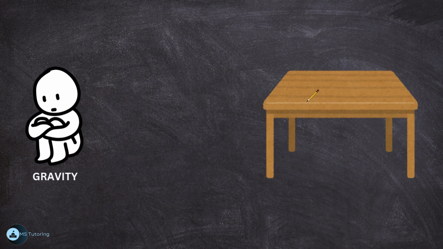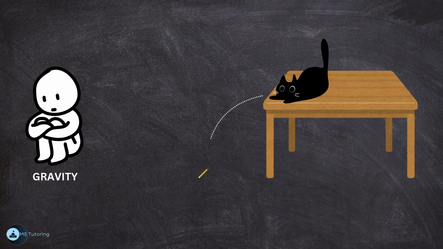For example, if a pencil was on a table and started rolling towards its edge, it's perfectly obvious to us what will happen the second there's no more table there to keep it from falling. Now, we might blame our little furry friend here for making the pencil fall, but really all the cat actually did was push the pencil forward until there was no more table left.